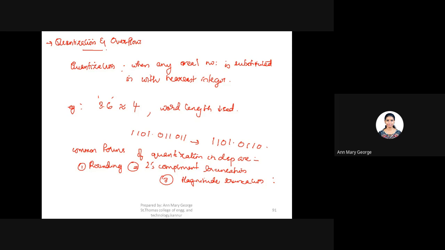Okay, next you have to learn a term known as quantization noise. That is, e of n equal to xq of n minus x of n.